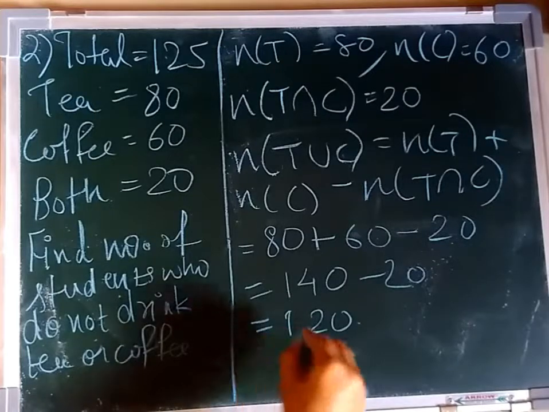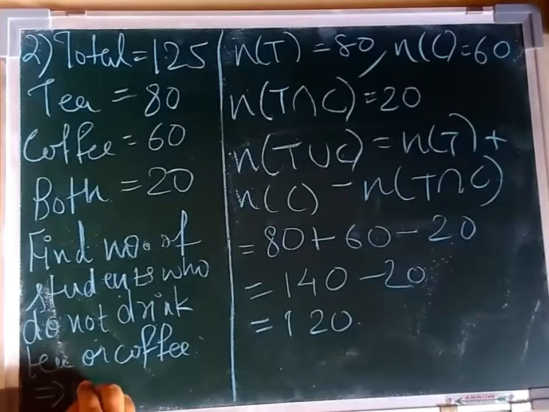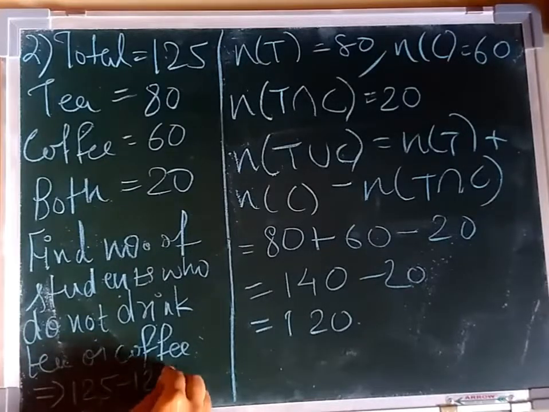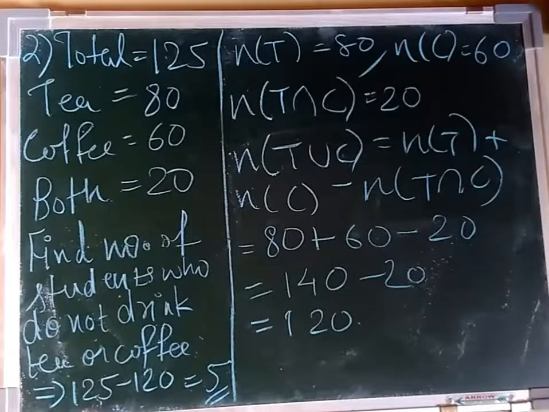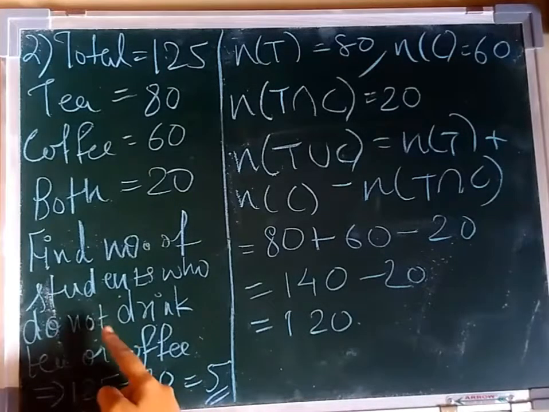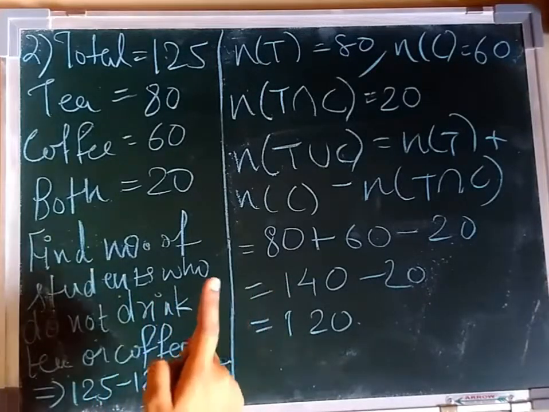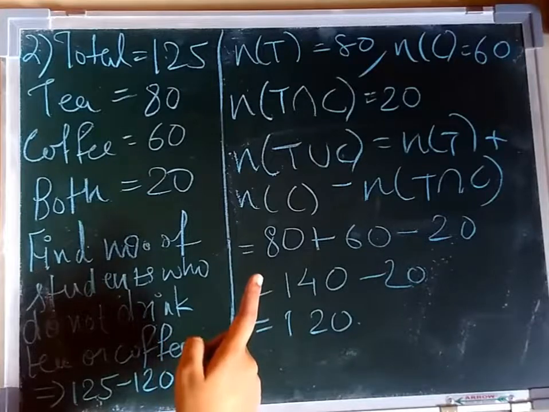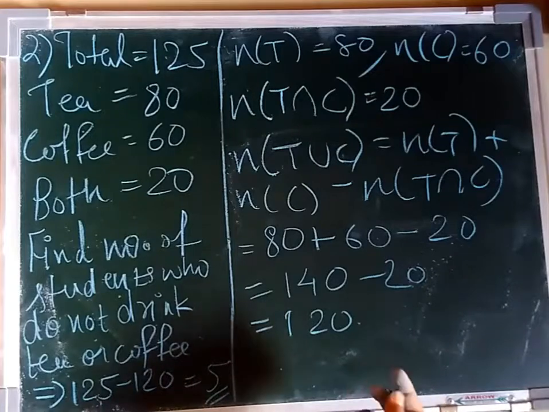So the answer is 125 minus 120, that is equal to 5. Okay. Because the number of students which we want to find is the same as the number of students in T union C complement. Okay. Now let's do the next question.